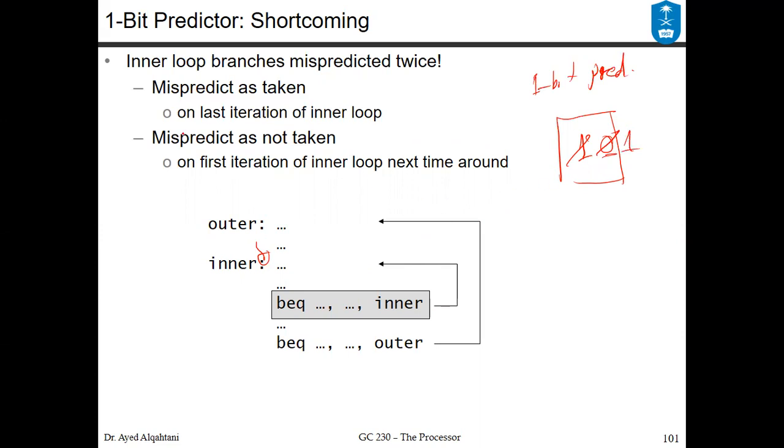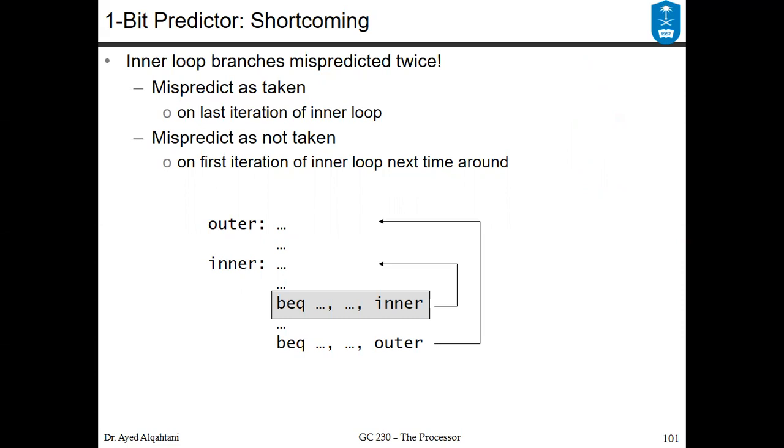So basically you have 2 mispredictions. One time in the last iteration of the inner loop, and another time on the first iteration of the inner loop, the direct next time around. It's like you are changing between taken and not taken too quickly.